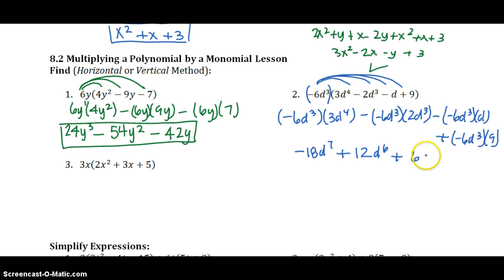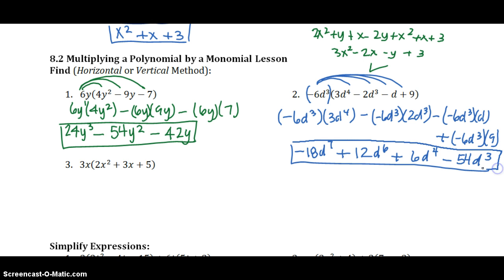So d to the third, d to the ones, d to the fourth. And positive negative is going to give us a negative. And again, 6 times 9 is 54. D to the third. Make sure that your exponent looks like an exponent right here. My 4 was not small enough to look like an exponent. So here is the result of that multiplication.